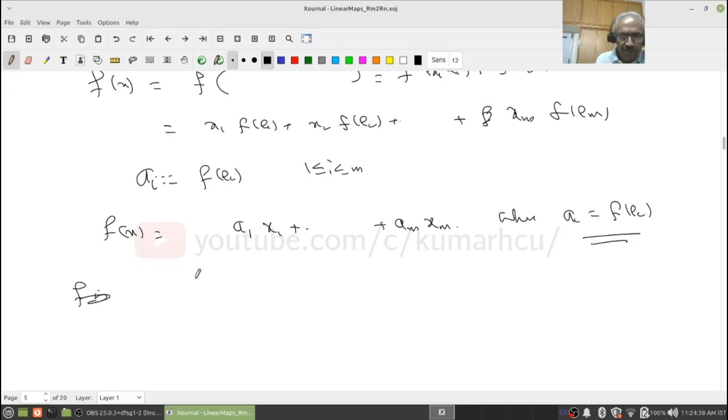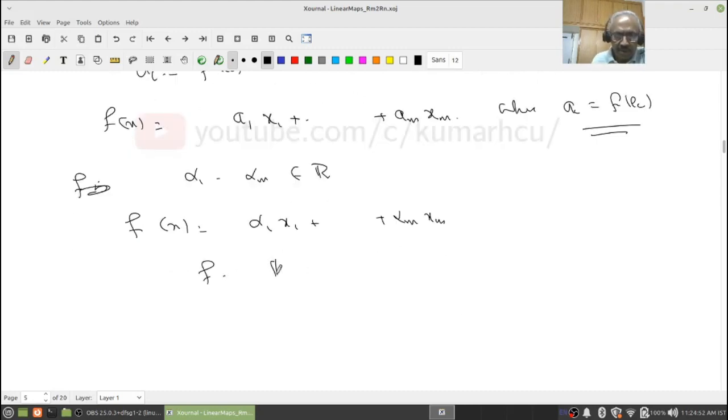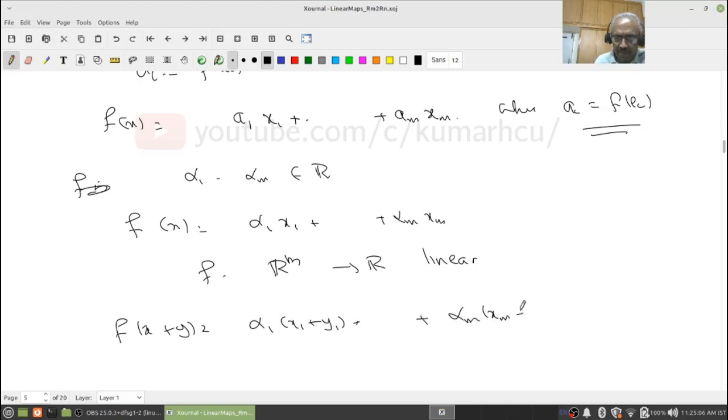And notice that this is linear. If you fix any m real numbers alpha 1 to alpha m, and define f of x equal to alpha 1 x1 plus alpha m xm, then f from Rm to R is linear. Again it's very trivial to check: f of x plus y is alpha 1 times x1 plus y1 plus alpha m times xm plus ym. This is exactly similar to what we did: alpha 1 x1 plus alpha 1 y1 plus alpha m xm plus alpha m ym.